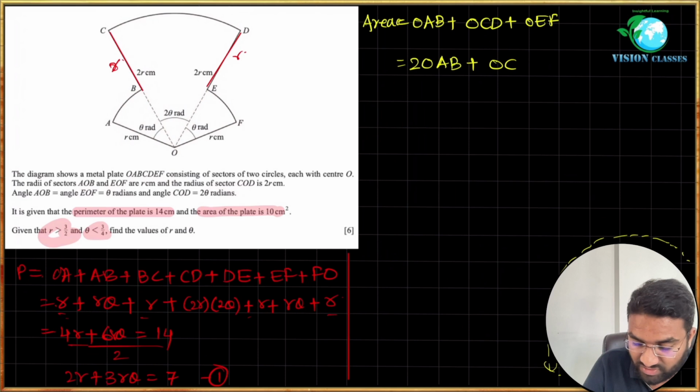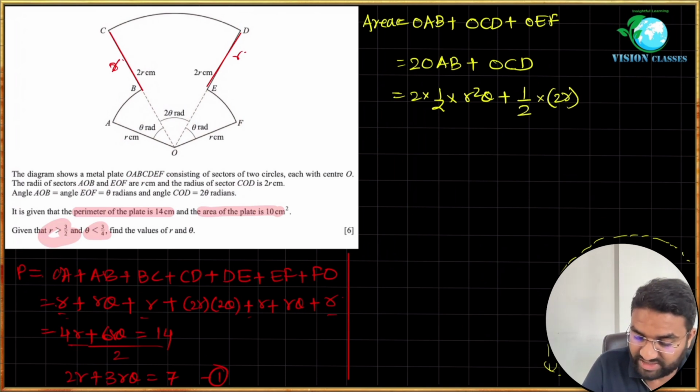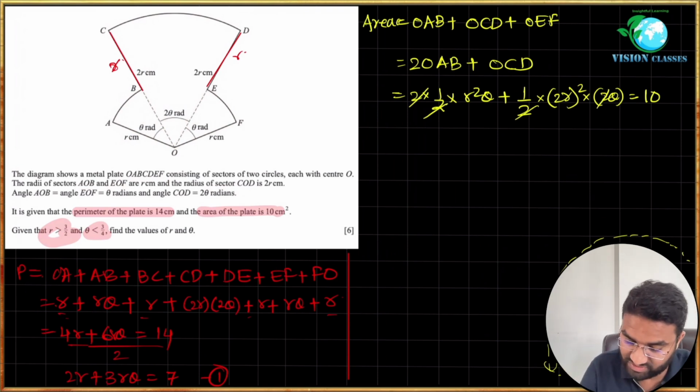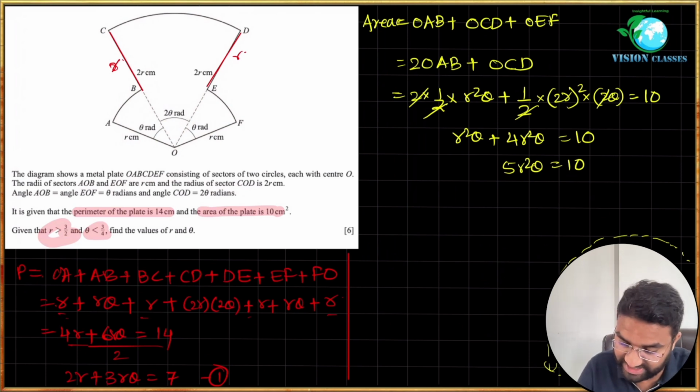So 2 times 1 half r squared θ plus OCD, which is 1 half times (2r) squared times 2θ, which is equal to 10, as given. Now you can simplify: 2 gets cancelled out, here also 2 gets cancelled out. We have r squared θ plus 4r squared θ is equal to 10. 5r squared θ is equal to 10, and we get r squared θ is equal to 10 divided by 5, which is 2.